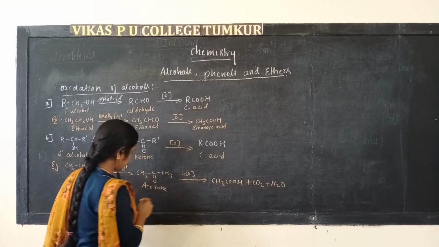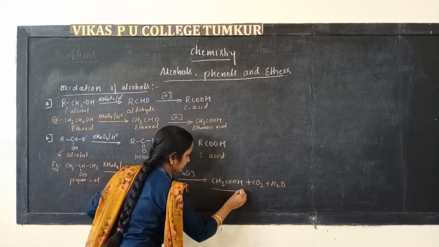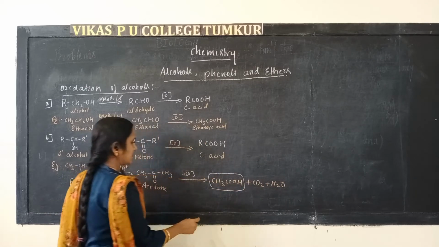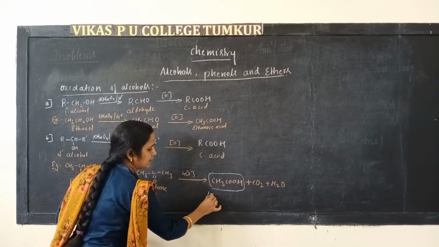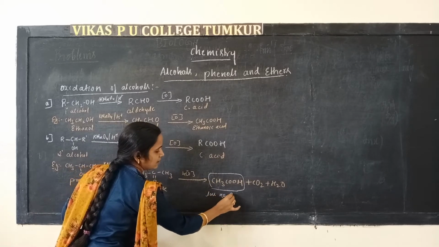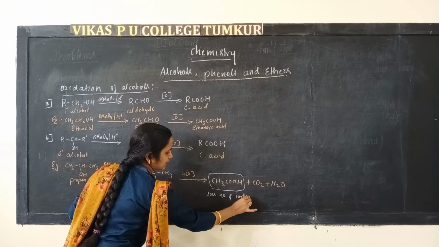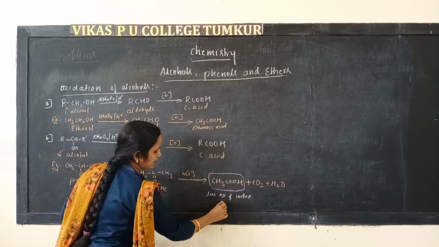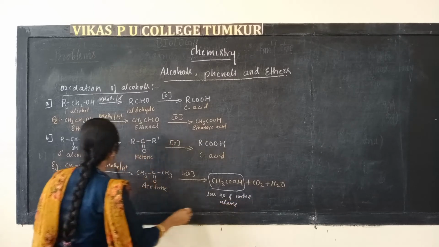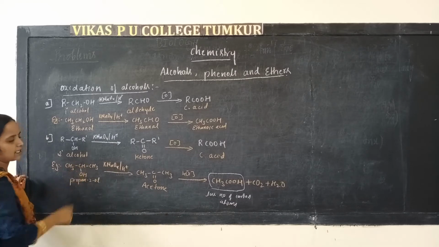This means the product obtained in this case contains fewer carbon atoms. In the first case, the reactant contains 3 carbon atoms, but the product contains only 2 carbon atoms.